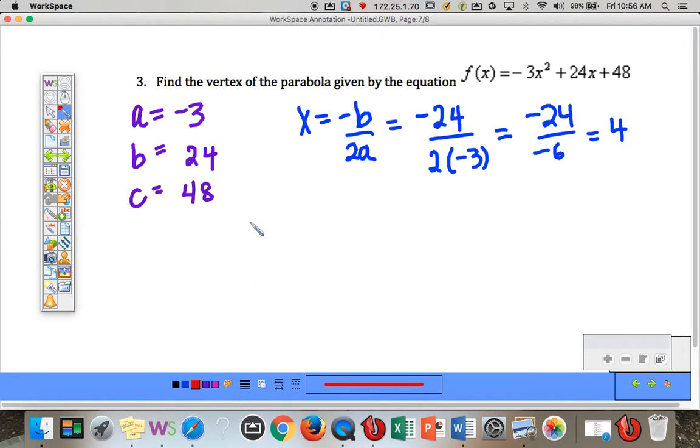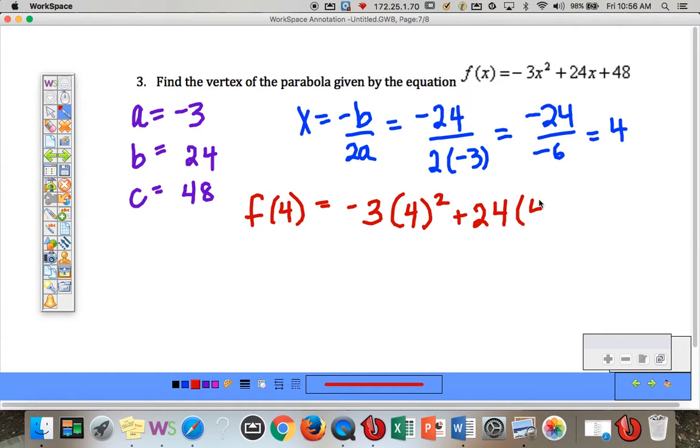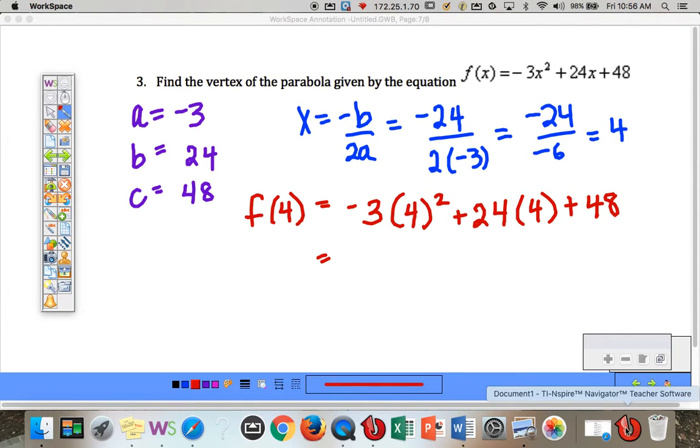So then to solve for the y value, and another way we can write this is function notation, I didn't notice that I had that before, we can say f of 4 means plug in a 4 everywhere you see an x. So -3 times 4 squared. So here's another way to write that, what you're plugging in. Plus 24 times 4 plus 48. So let's just type this in the calculator.